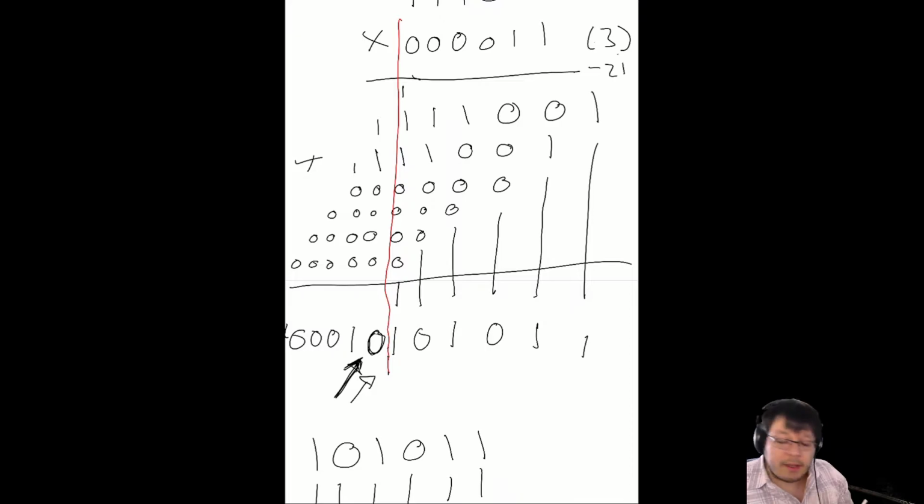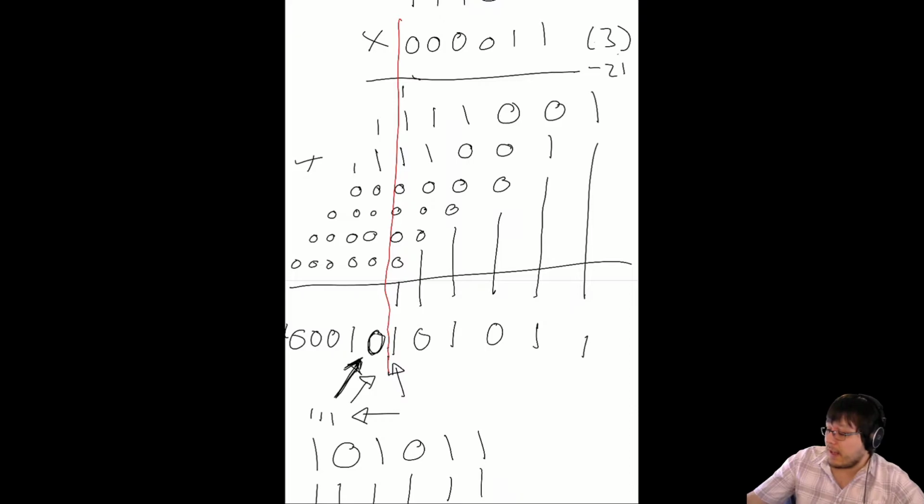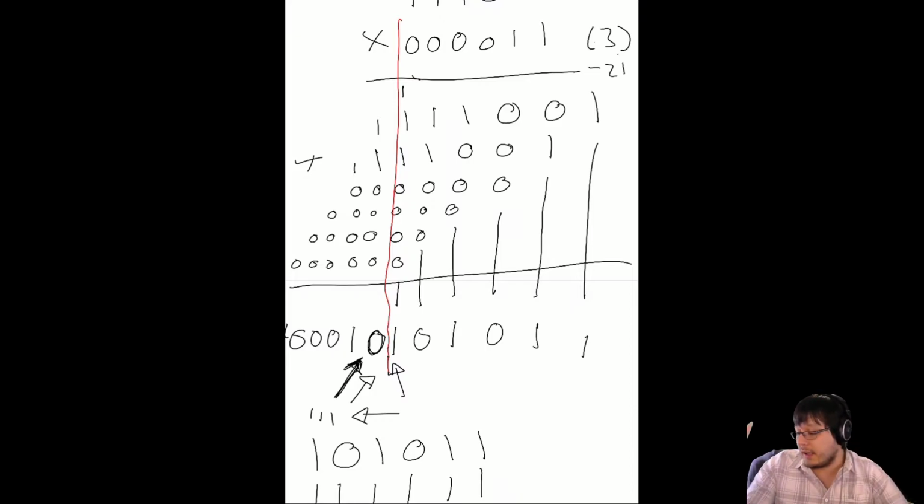But then again, my counter argument to that would be, well, whatever this digit is here, we can just extend it. If it's a 0, then fill the rest of the bits with 0. If it's a 1, then fill the rest of the bits with 1. So because of that, I guess this is okay. This is a valid way of multiplying, I guess, because I can't find out what's wrong with it. It's giving us the right answers.